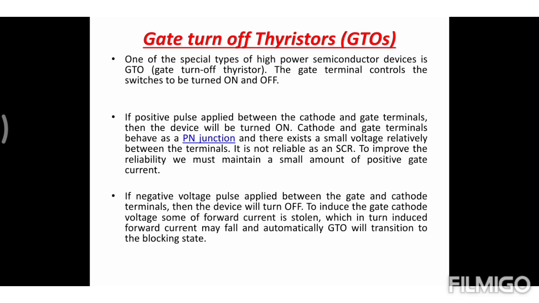If you apply a positive pulse between the cathode and gate terminals, then the device will be turned on. When we apply this positive pulse, it acts like a forward PN junction diode and starts conduction. Okay, now there exists a small voltage between the terminals, so it is not as reliable as an SCR.